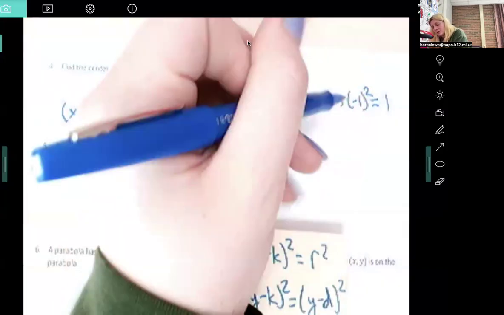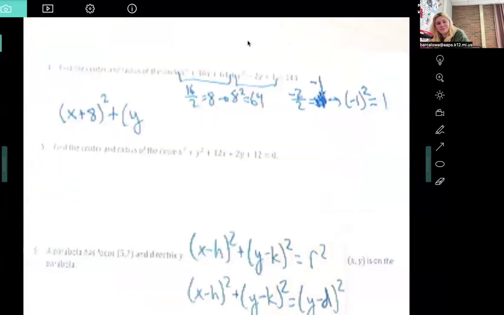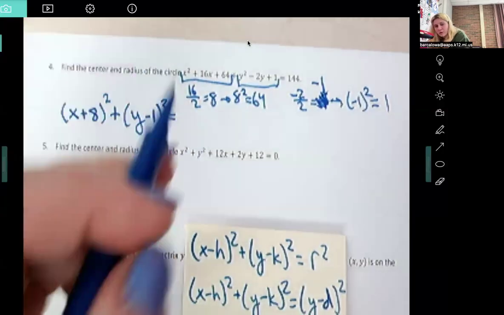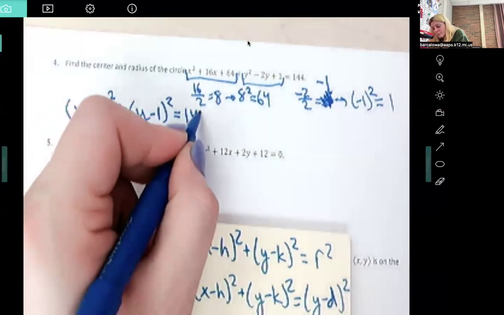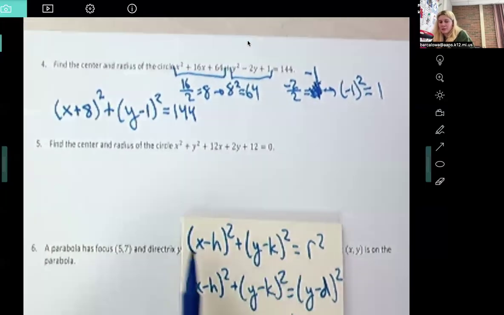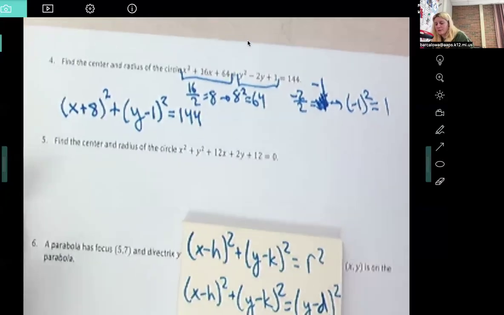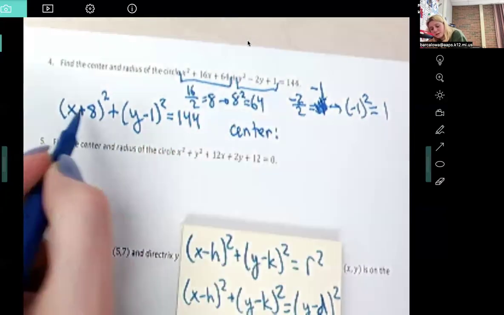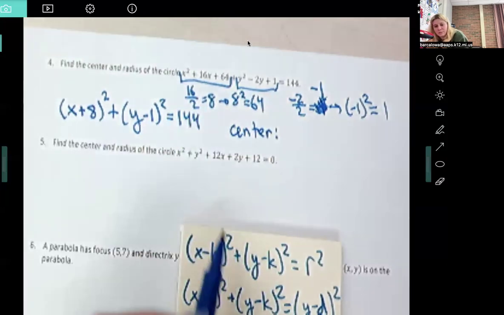Oops. That looked ugly anyway. Y minus 1 squared equals 144. Now my circle equation looks right. So the center, again, you got to flip the sign because I have these negatives. That means you have to flip the sign.